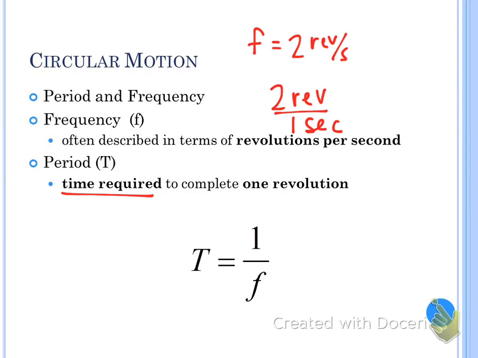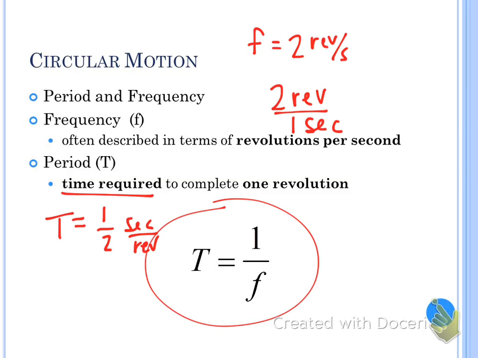How long would it take for it to make 1 revolution? Half a second, right? It takes 1 second for it to go around twice. So in order for it to go around once, it would take half a second. So that means its period would be 1/2 second per revolution. See the reciprocal of those? That's all it is. Right? It's a reciprocal relationship. So this equation needs to go on your equation sheet.